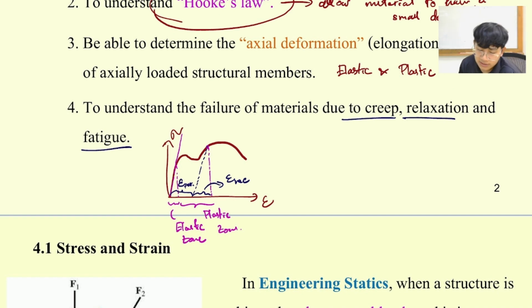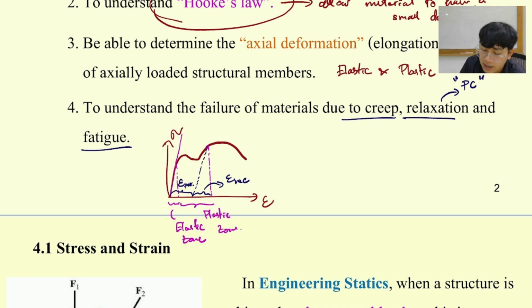So creep is a failure mechanism of concrete, which changes its shape over a long period. For example, if you put some load on concrete for 2 months, 3 months, 4 months, and it shortens, we call it creep deformation. And relaxation most of the time is in precast concrete.